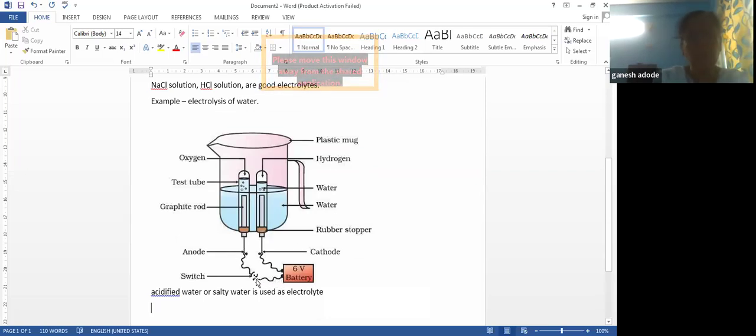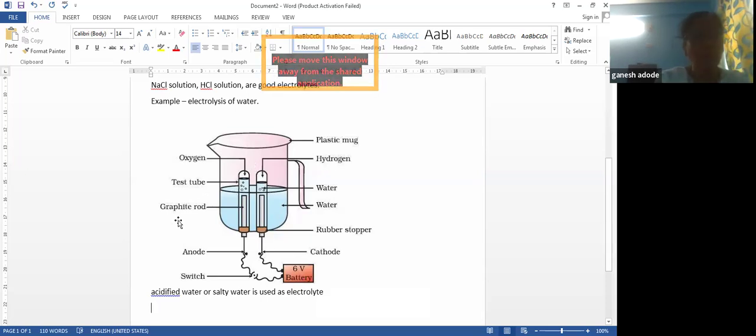Now see, as soon as the switch is on, this electrode which is connected to the positive end of the battery is acting as an anode, while the electrode which is connected to the negative end of the battery is acting as a cathode.